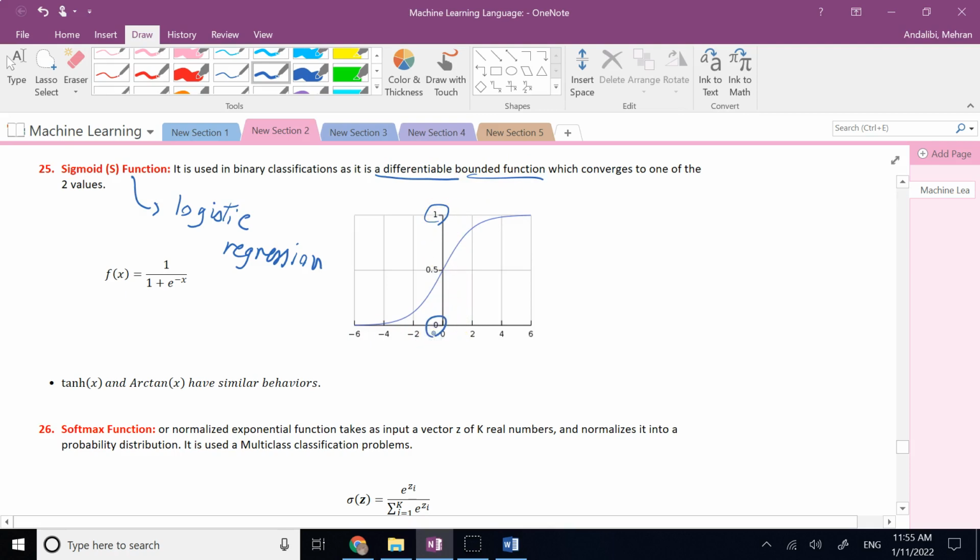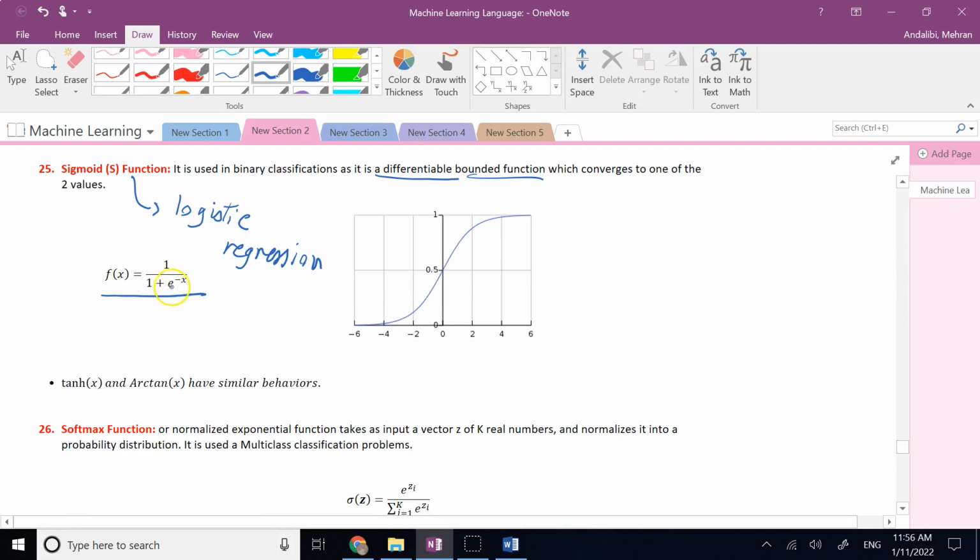And ideally it only has really two values. Although there is a transition in between, there is one parameter that you can change, and that changes the slope here. So the simple form of the logistic function is what you just see here: 1 over 1 plus e to the negative x.